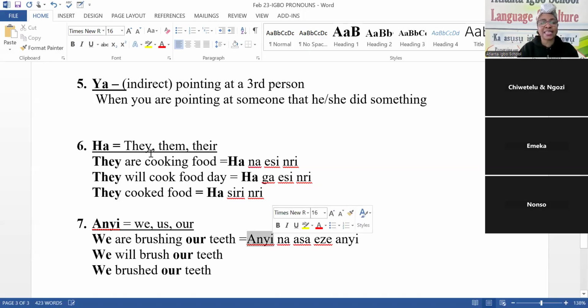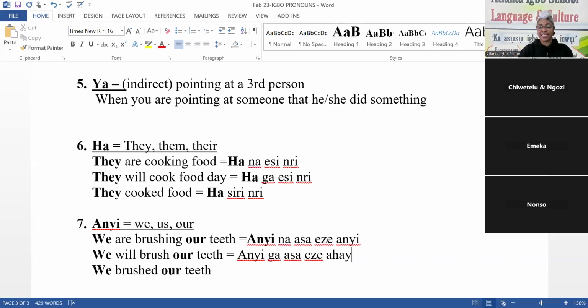Anyị na-asa eze anyị. You can also say, anyị ga-asa eze anyị. Eze means teeth, your teeth. Anyị ga-asa eze anyị. See that? Now, another one is, we brushed our teeth.